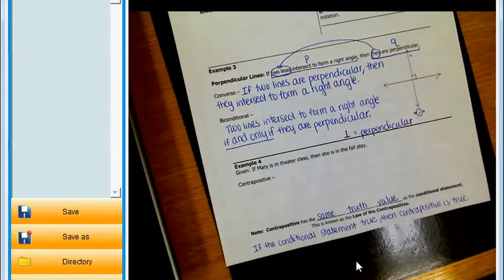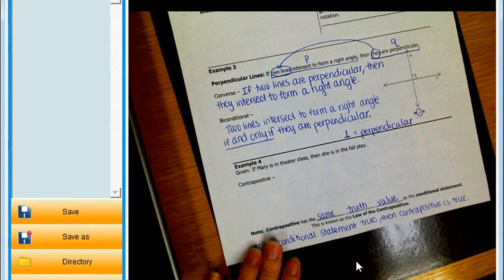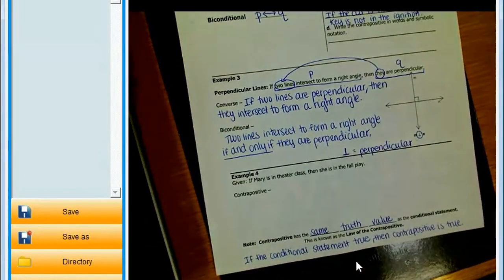So all this really means is that if the conditional statement is true, when we write the contrapositive, it is also going to be a true statement. Which also means if the conditional statement is false, then the contrapositive is also false. So they go together.